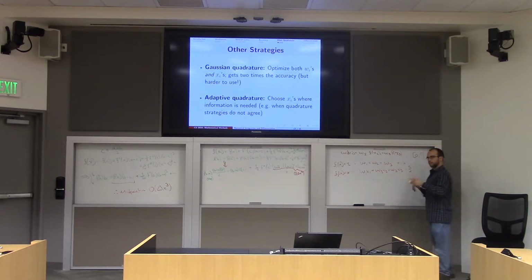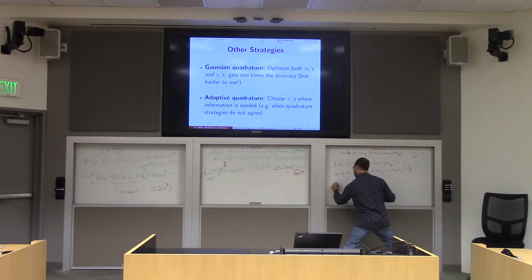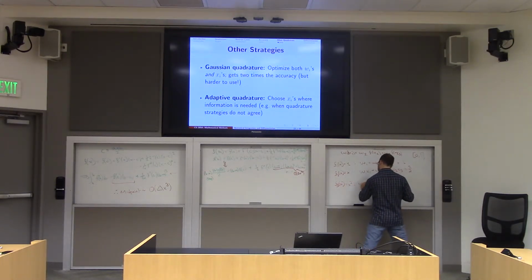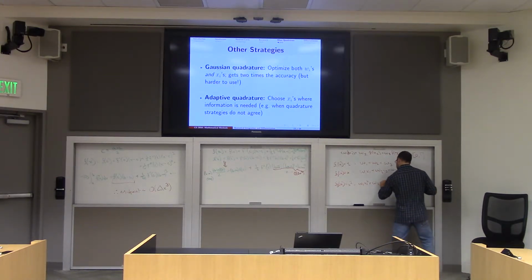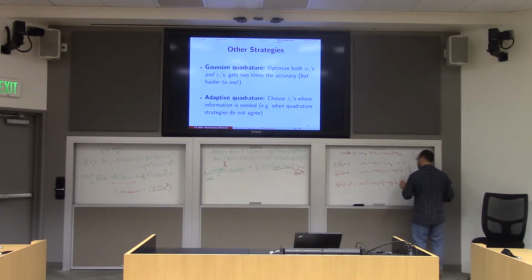Is that right? I think it's right. And finally, if we choose the third function, f3(x) equals x squared, then w1 x1 squared plus w2 x2 squared plus w3 x3 squared is going to be one third.